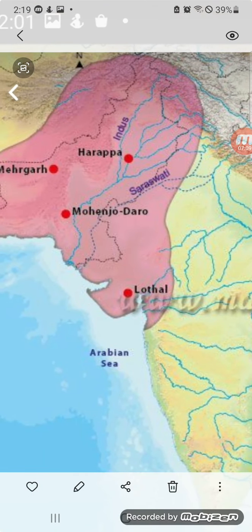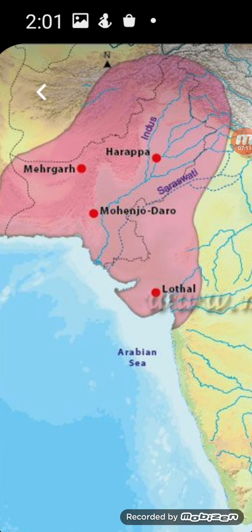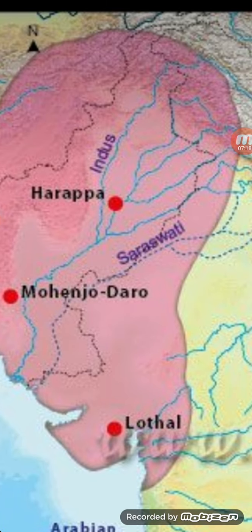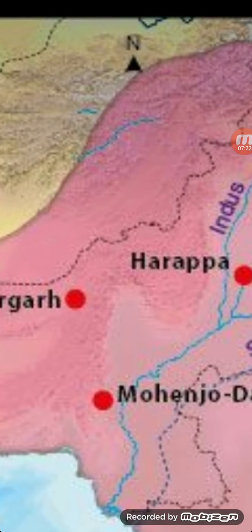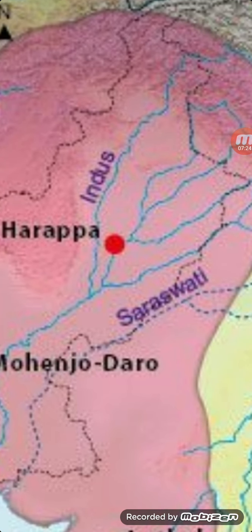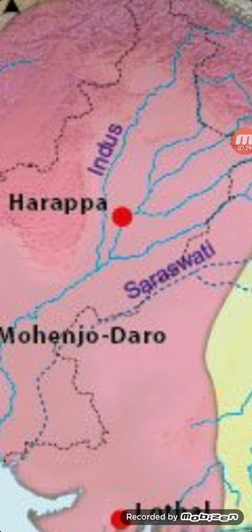It started here. It is also called Mohenjo-daro. As you can see, the civilization lived mostly on these two rivers on this side, and the main river, those people lived near the river Indus.